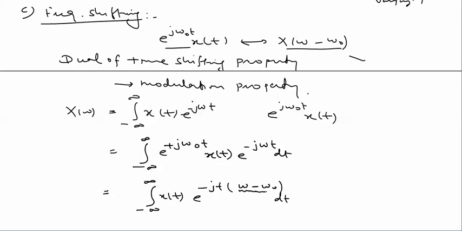Omega is replaced by omega minus omega naught. This term is synonymous with the earlier term, but the difference is that omega is replaced by this term. We can rewrite it in this way. So with multiplication by an exponential component, the frequency is shifted by some amount. It is known as the modulation property.